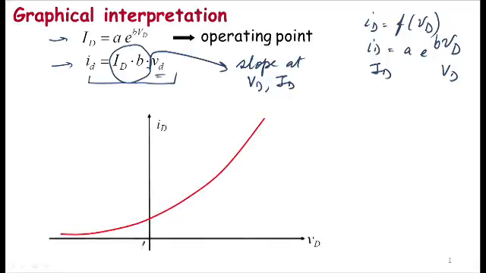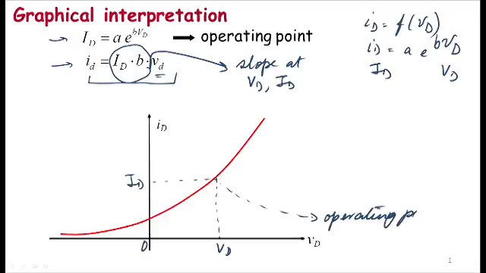So this is my 0 point, and this is my relationship between the current and the voltage for my exponential device. So what exactly am I doing? The first step of the small signal method, I said you start by picking some operating point and you operate the circuit at that point. I call that the VD, ID point. That's my DC bias point, and so this was the operating point.